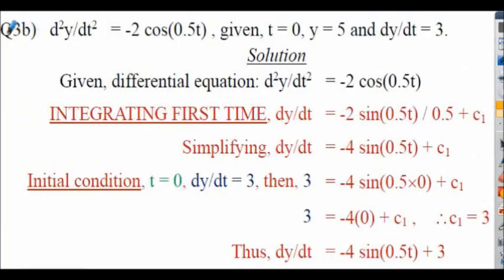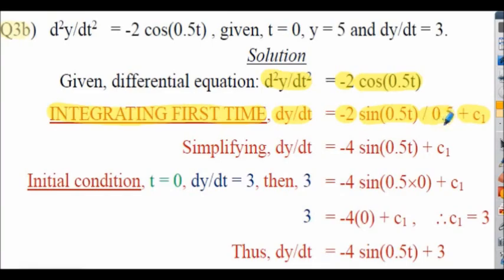Here's the commencement of the solution to question 3b. Given the differential equation, d2y by dt squared is equal to negative 2 multiplied by the cos of 0.5t. Integrating for the first time, dy by dt is equal to negative 2 multiplied by the sine of 0.5t divided by 0.5 plus our c1.